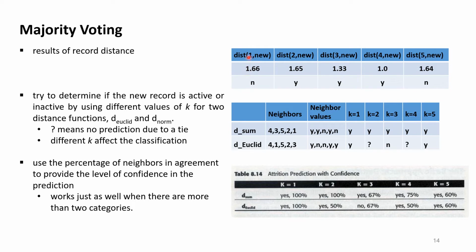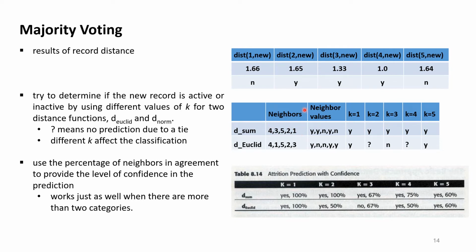For example, the distance between record 1 and the new is 1.66. This one here is the class label for record 1. This is class label for record 2. So by using this table, we are able to compute the nearest neighbors.